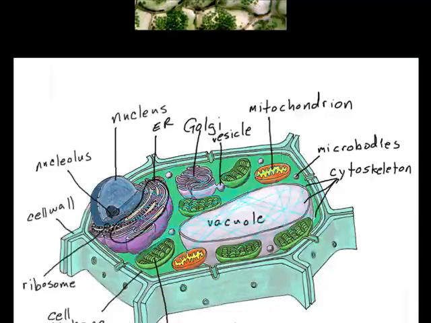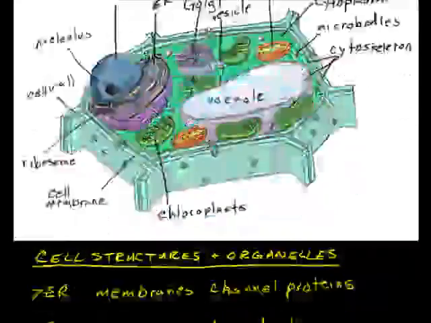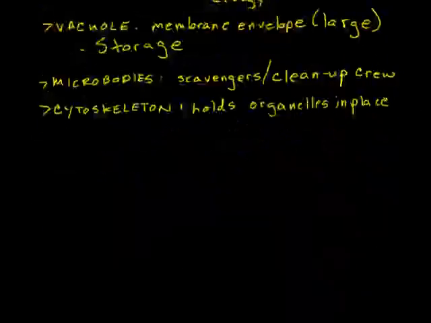The rest of the volume of this cell is pretty much made up of a gel-like substance, and it's mostly water, but it has various things dissolved in it, and it is referred to as the cytoplasm. And it's not an actual organelle, it's just sort of the stuff that the organelles are floating around in or being suspended in by the cytoskeleton.